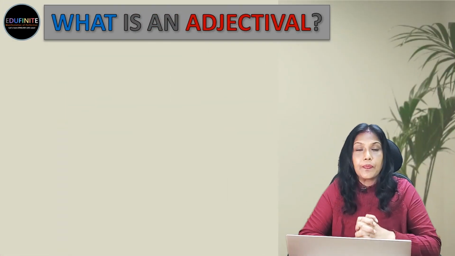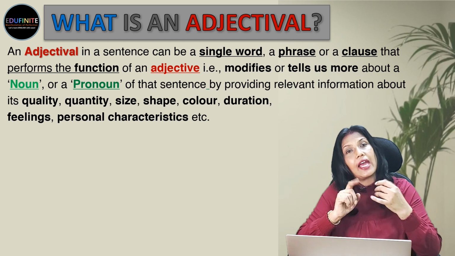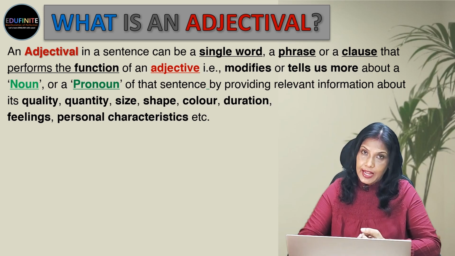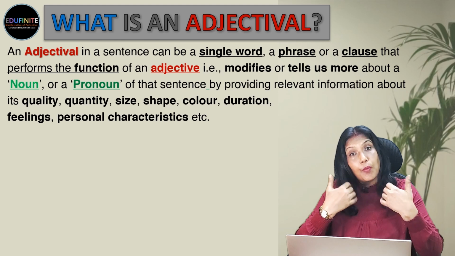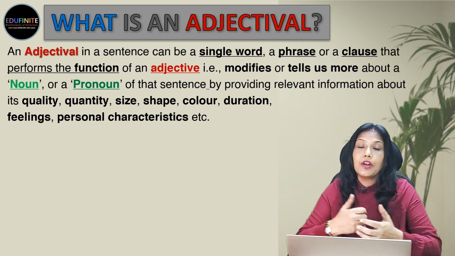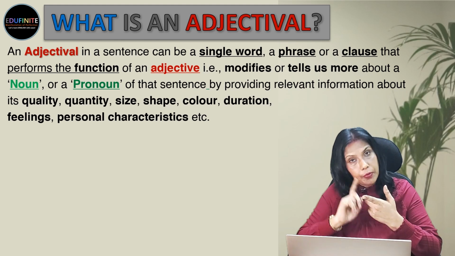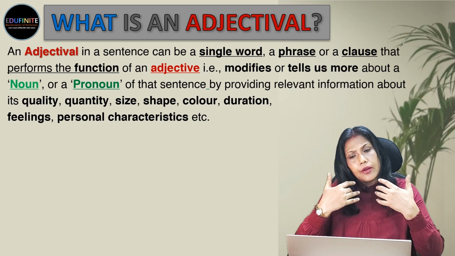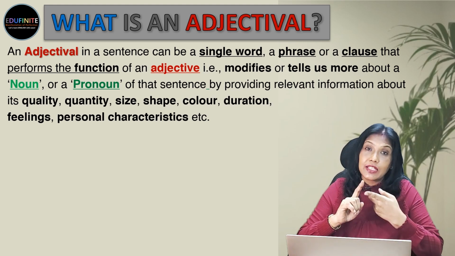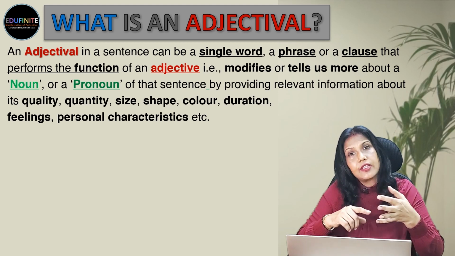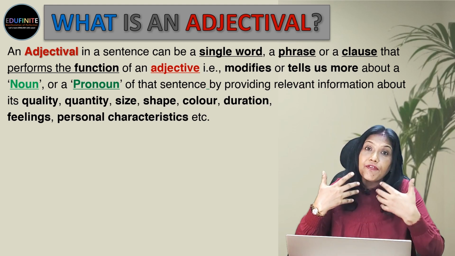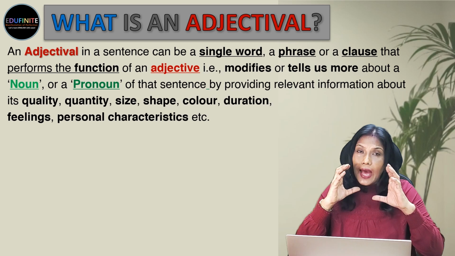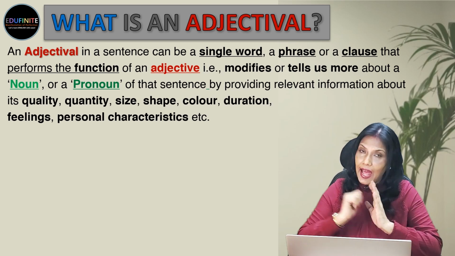What is an adjectival? An adjectival in a sentence can be a single word, a phrase, or a clause that performs the function of an adjective. That is, it modifies or tells more about a noun or a pronoun of that sentence by providing relevant information about its quality, quantity, size, shape, color, duration, feelings, personal characteristics, etc. So, adjectivals perform the function of an adjective.